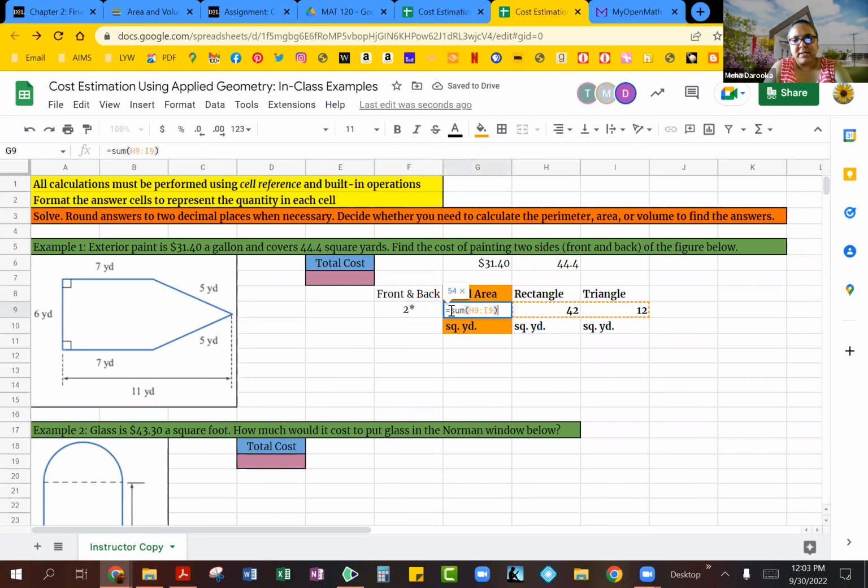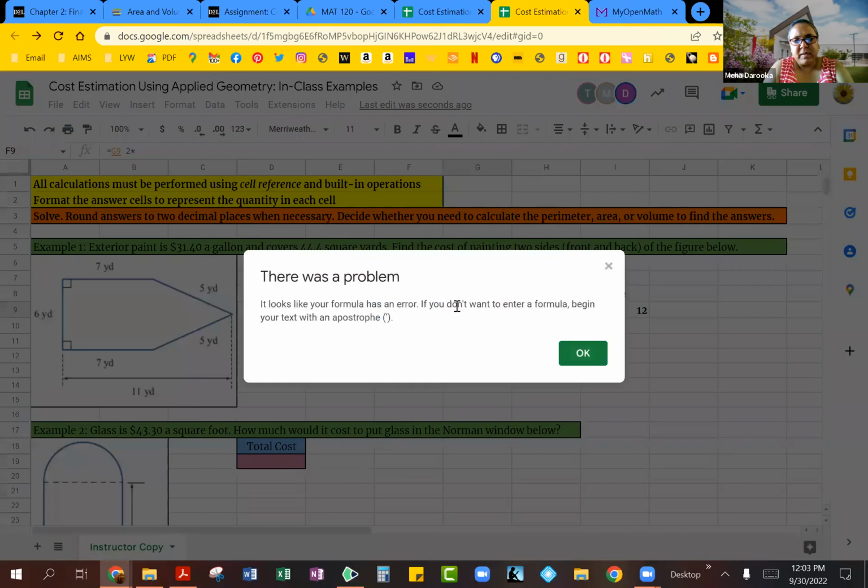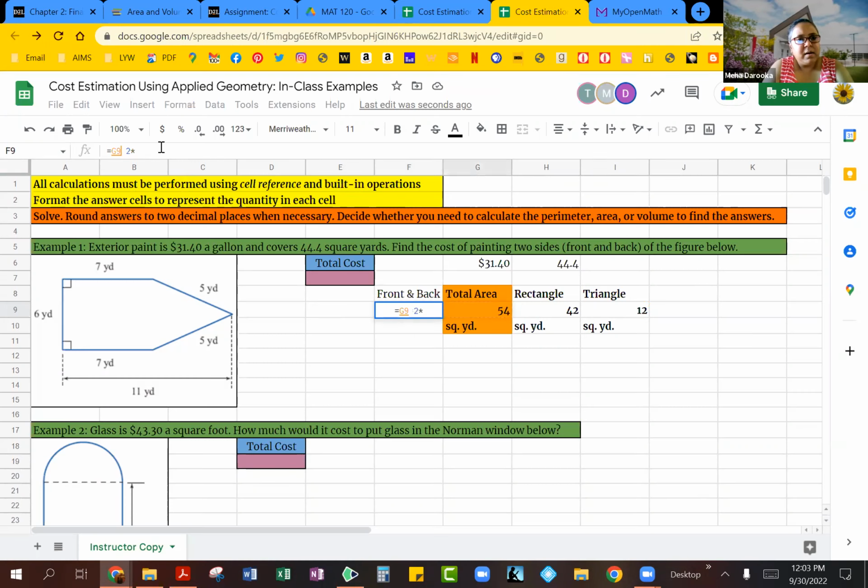Oh, I didn't put an equal to here. 2 times 54, and you can see that's going to be the surface that we're going to need to paint.